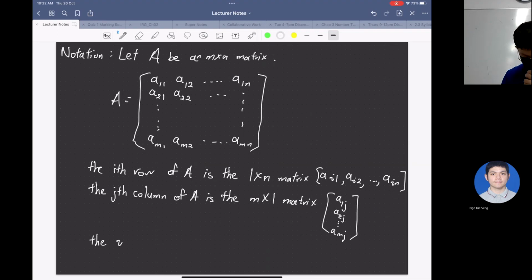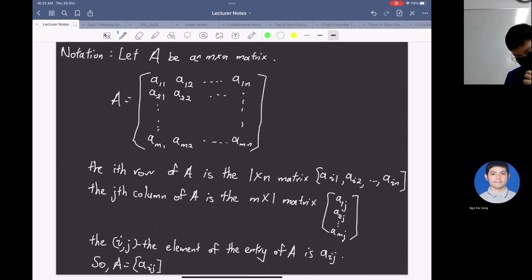So the ij element, or entry, of A is Aij. Compactly, we can write A as Aij.